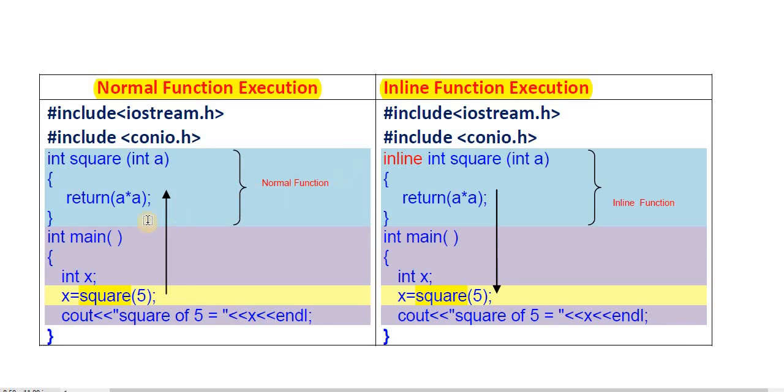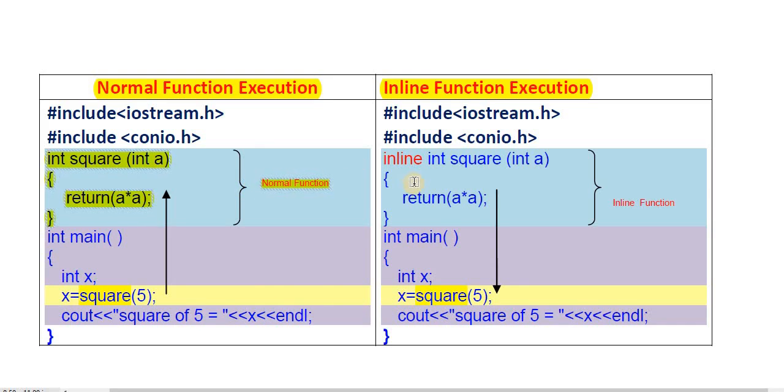You can see that the programs on the left side and right side are almost the same, but there is one small difference. On the left side, this is our normal function. The name of the function is square, integer a, and the body is a into a. In this function we are calculating the square of a number. So this is a normal function.